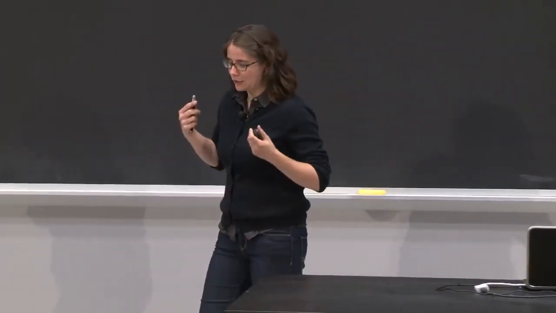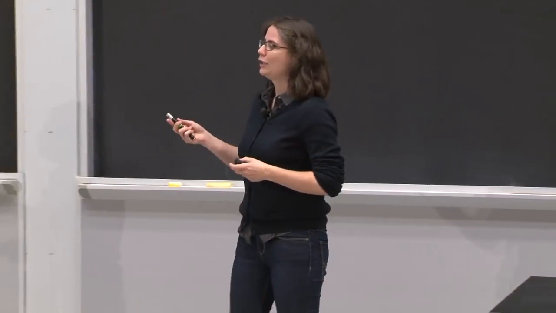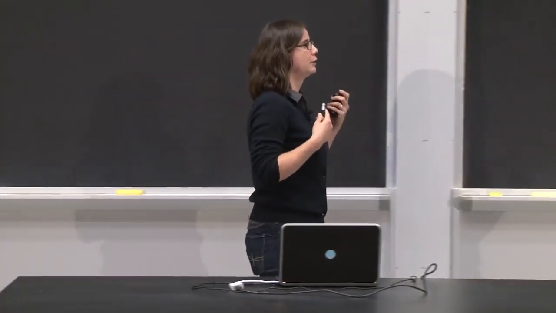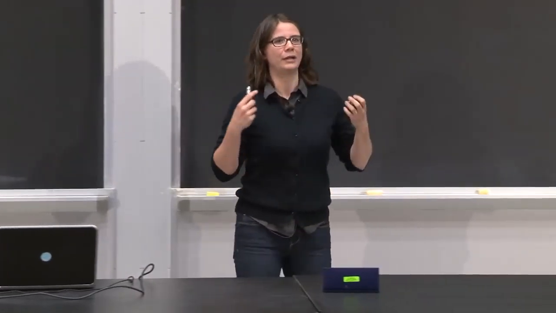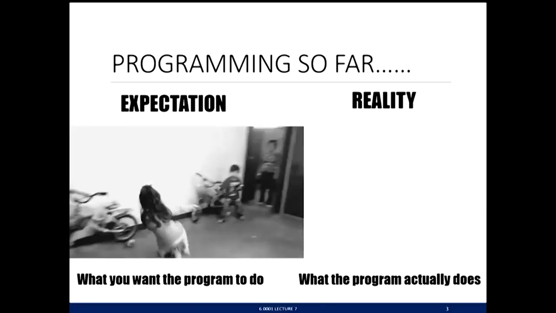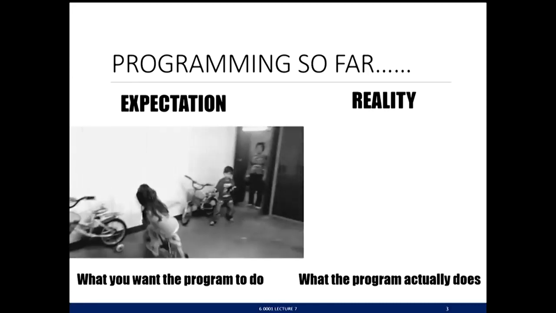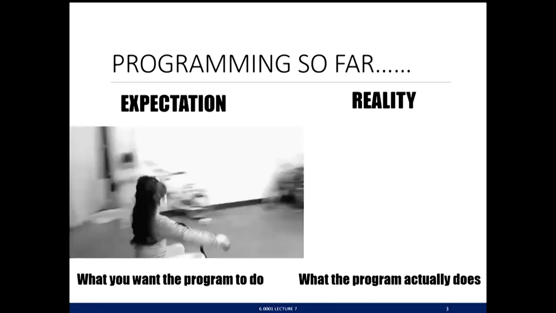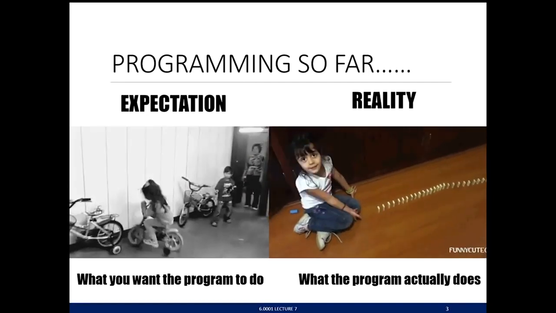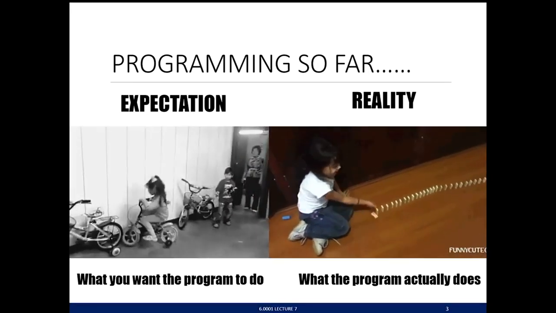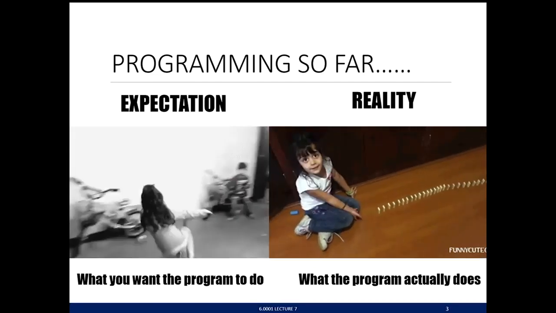OK, so let's talk a little bit about programming so far in 6.0001 or 6.00. You expect really that you write a program, you maybe do a little debugging, and you run the program, and it's perfect, right? You just nailed it. But in reality, you write this really complex piece of code, and you go to run it, and it crashes, right?